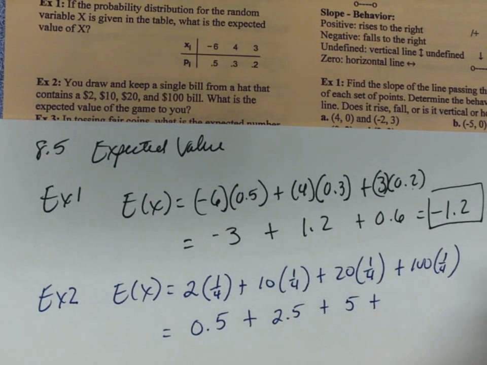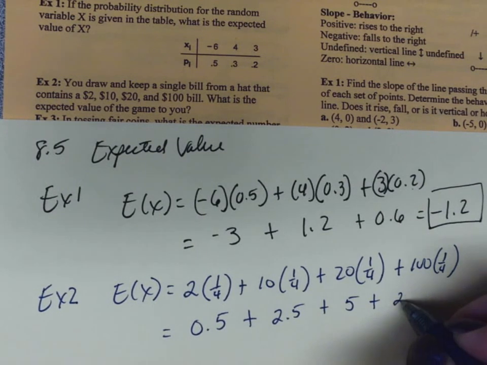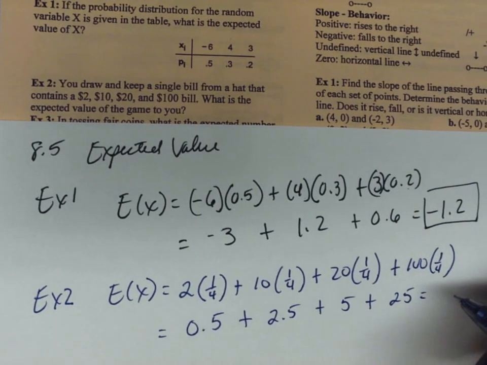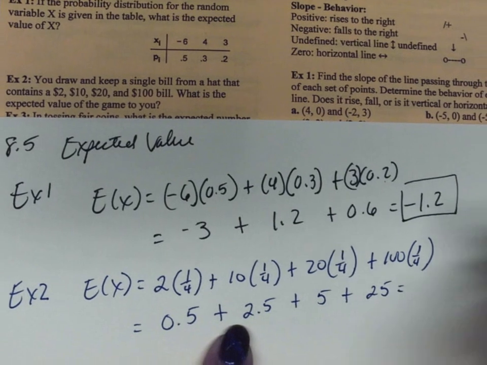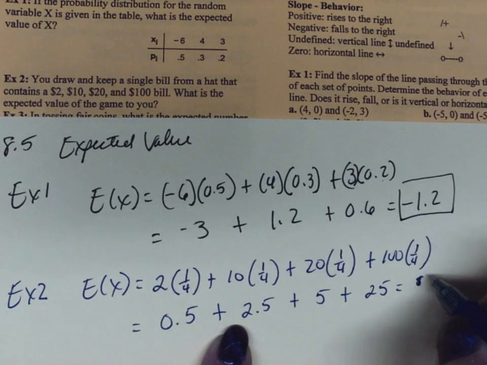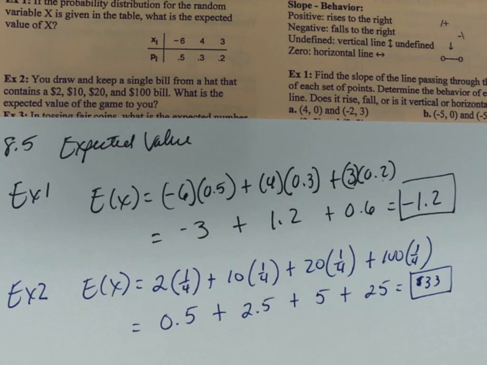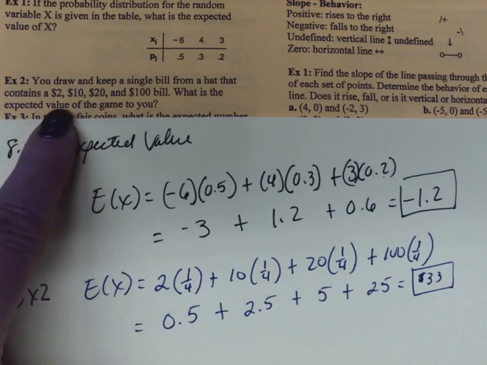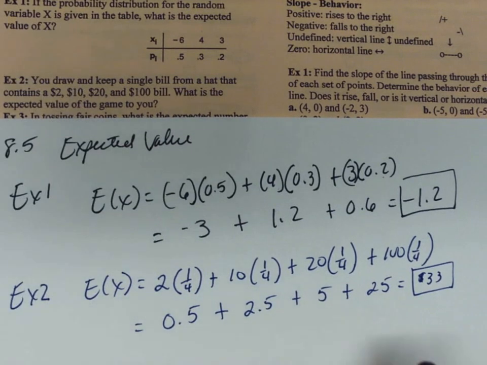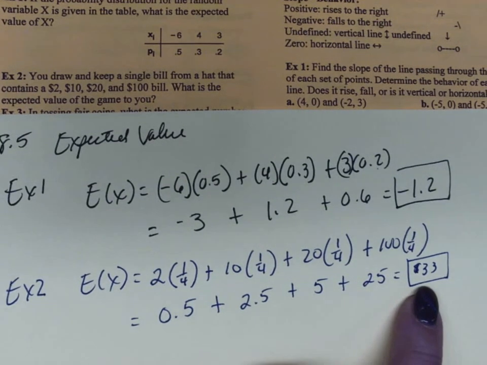And 100 times 1/4 will get us 25. And when we add all these together, we end up with $33. So what's the expected value we expect to get if we pull out a single bill? The expected value would be 33.